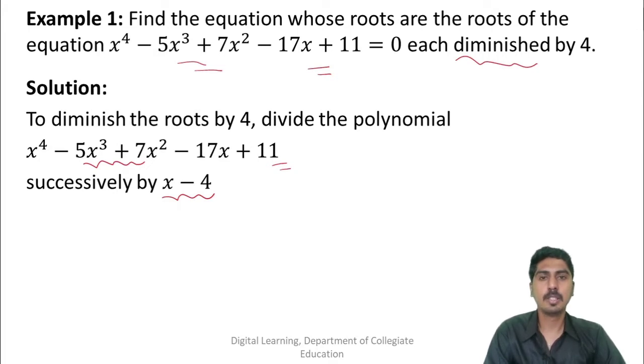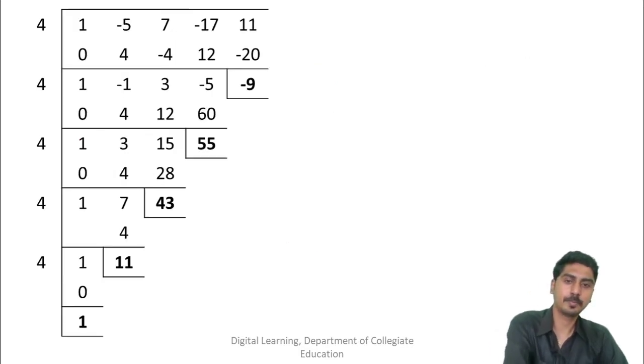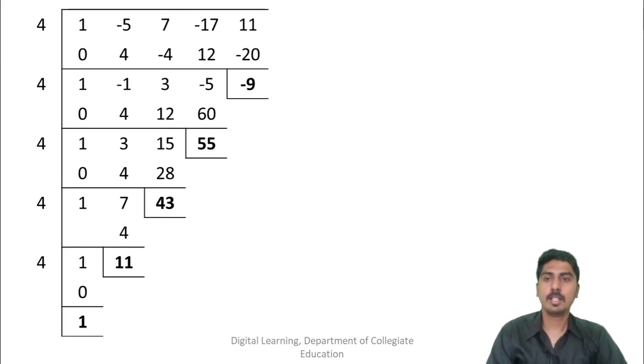To use synthetic division, we divide the coefficients by x = 4. First, write down the coefficients 1, -5, 7, -17, 11.